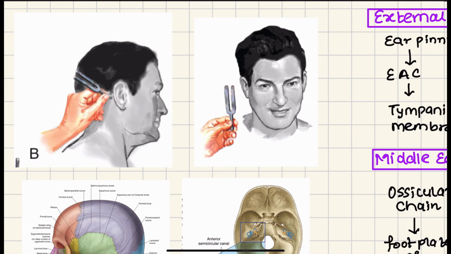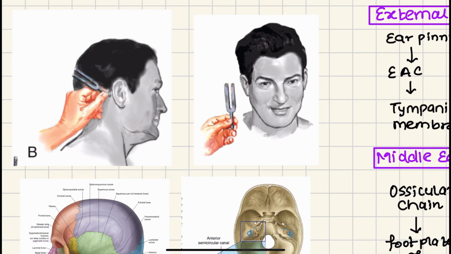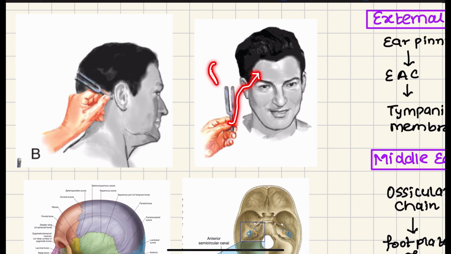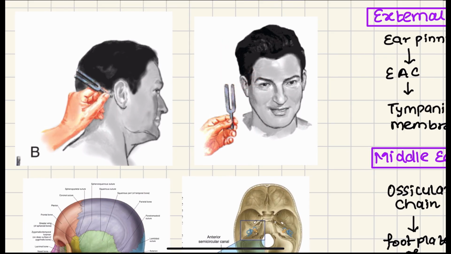So suppose a tuning fork is vibrated and placed in the air medium near our ear, then the sound will travel through the ear. This is the air conduction pathway. But if we place the vibrating tuning fork directly on the bone, then it will follow the bony conduction pathway.